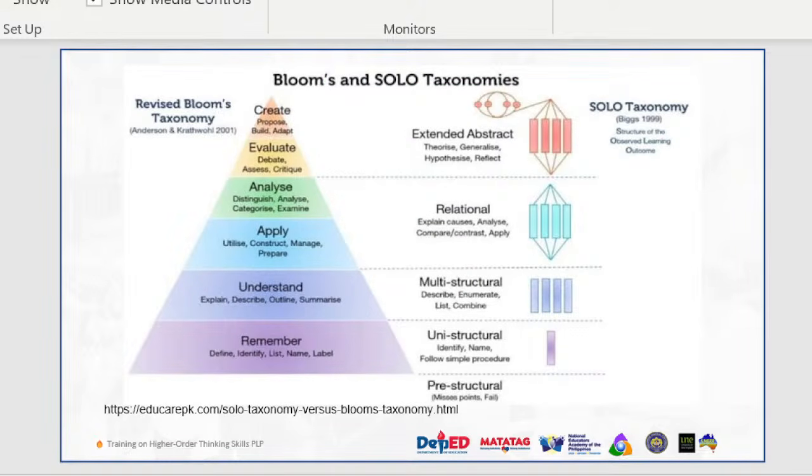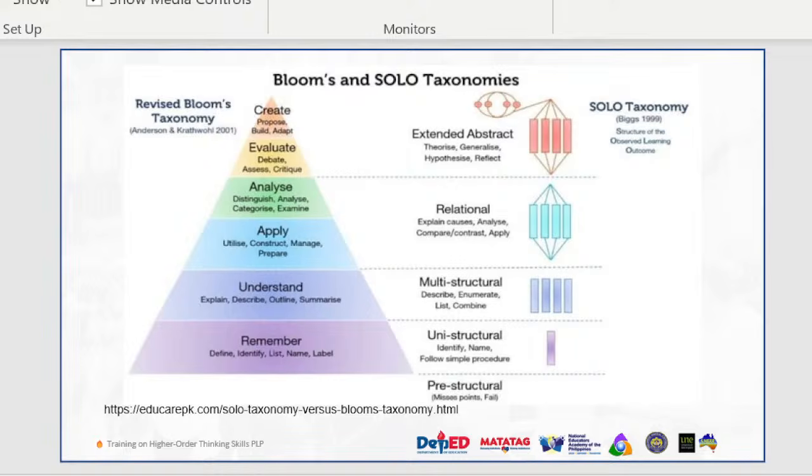Now look at this slide. So we have on the left the revised Bloom's taxonomy, and on the right the SOLO taxonomy. So the pre-structural level, the SOLO taxonomy, is before the remembering. The unistructural is the same level with remember.